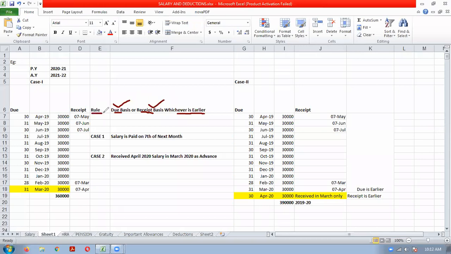So write down the rule for taxability of salaries: due basis or receipt basis, whichever is earlier.